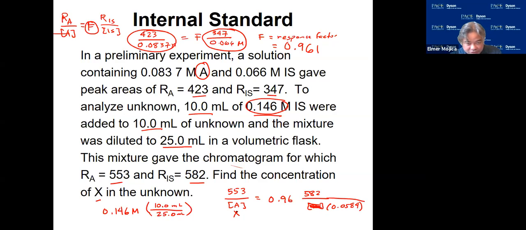So we can get the concentration now of the A here, but that is not the final concentration yet. If you do the calculation here, 0.96 times 582 divided by 0.0584, I have around 9,567 here, of which you're going to divide it with that value.